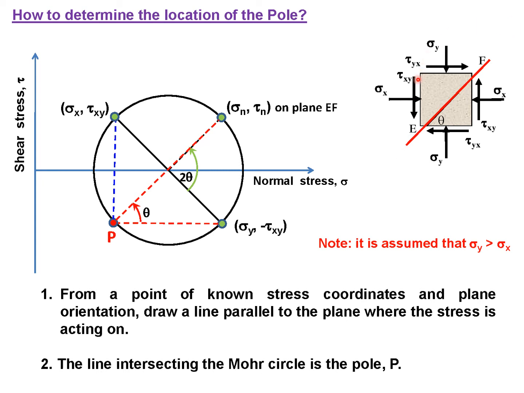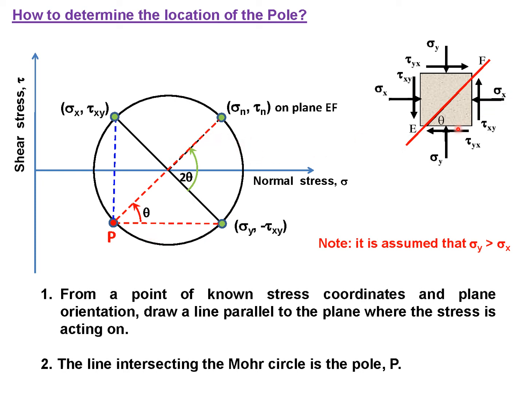Now look at this particular soil element. We are interested to know the normal stress and the shear stress on this particular plane EF. The procedure that we have discussed earlier: first you will have to draw the Mohr circle. You will have to mark this point and this point. Just draw this line, and then you can draw this Mohr circle.